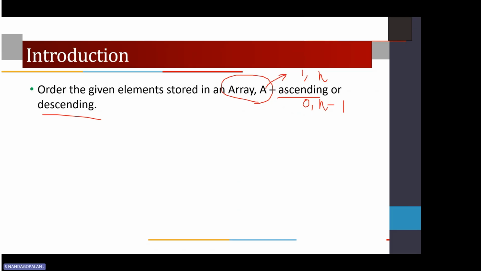So what are you supposed to do? Order this in ascending or descending. How you are going to do it is left to you. You may follow bubble sort, quick sort, insertion sort, anything. But ultimately, I want my ordered elements, either ascending or descending, in A. By default, we'll assume ascending.